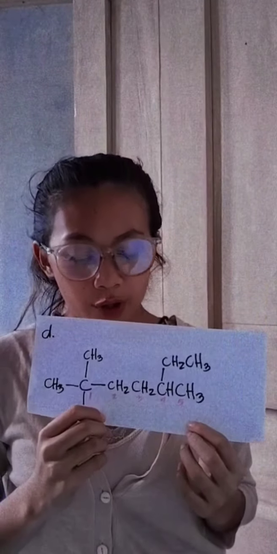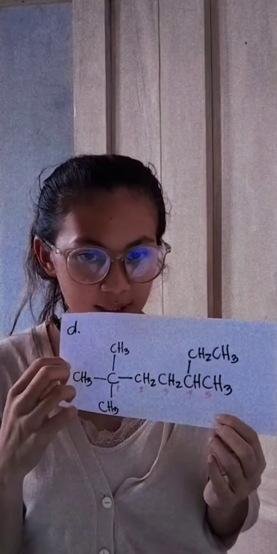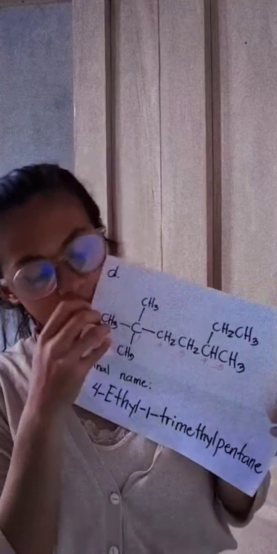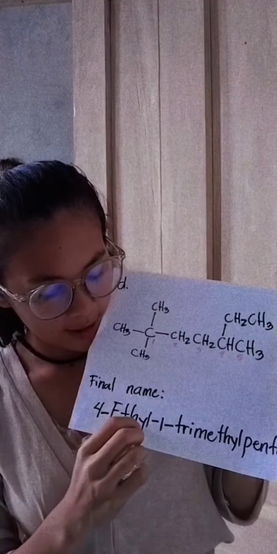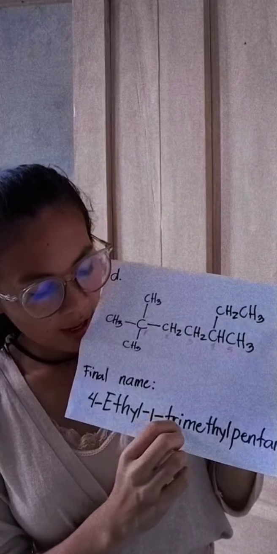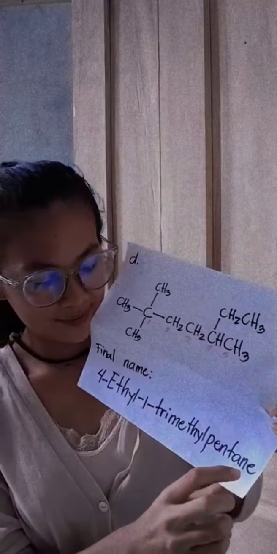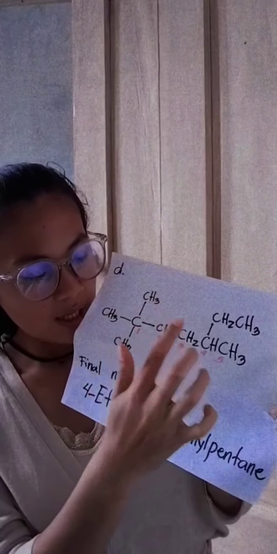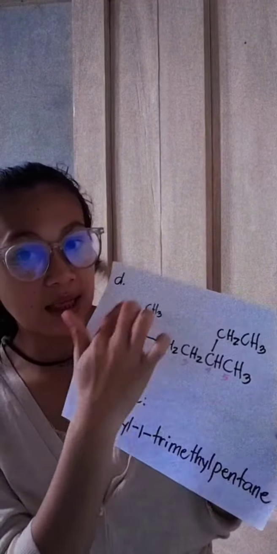So therefore, the IUPAC name of this alkane is 4-ethyl-1-trimethylpentane. This is the IUPAC name of this alkane.